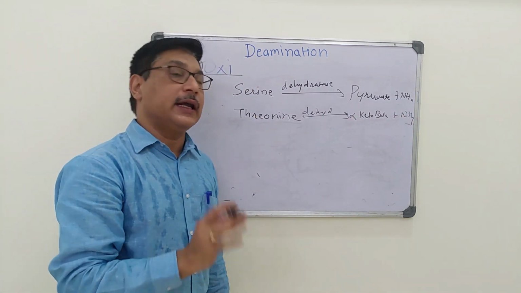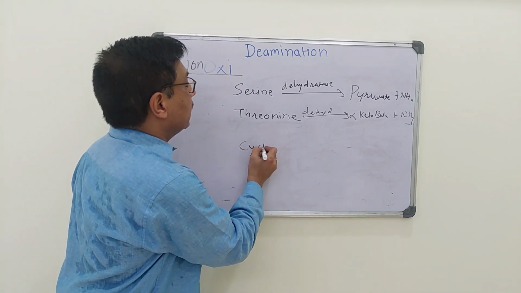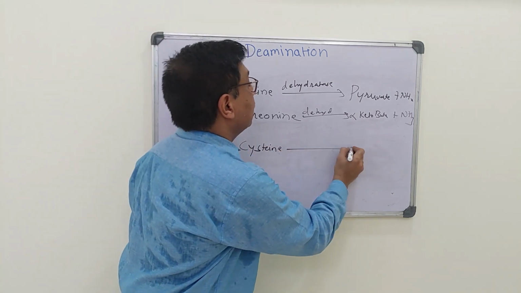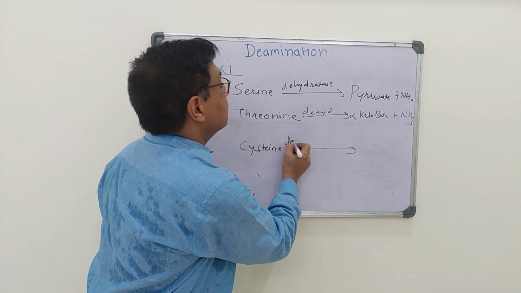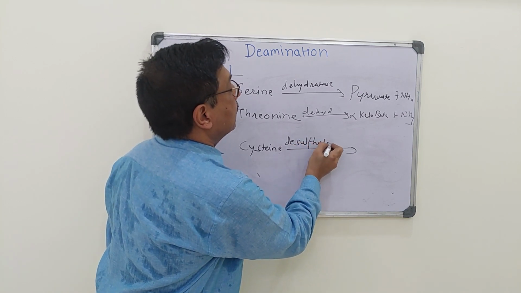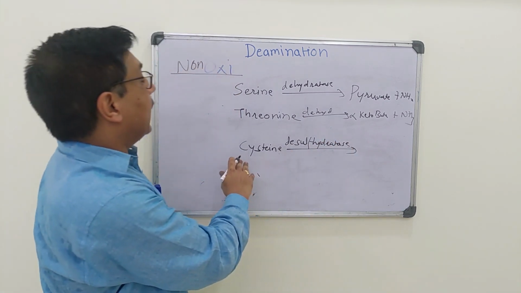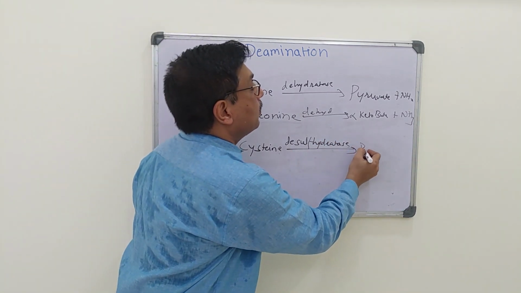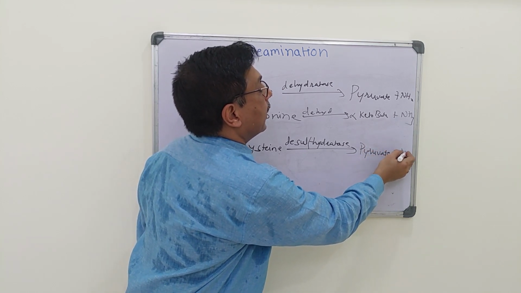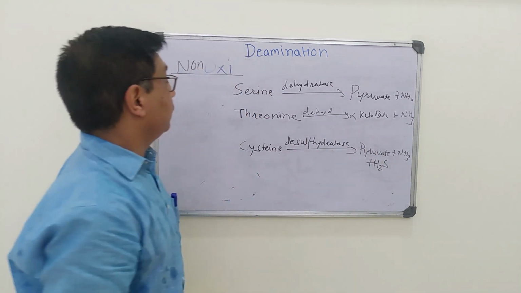Also, sulfur containing amino acids like cysteine and methionine undergo this non-oxidative deamination by desulfhydration. The enzymes required are desulfhydrases, and cysteine is converted to pyruvate and ammonia, and hydrogen sulfide is liberated.